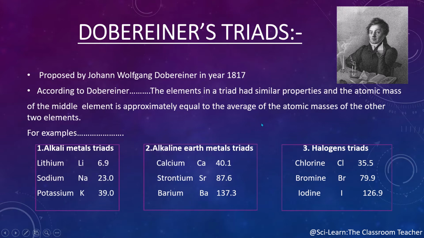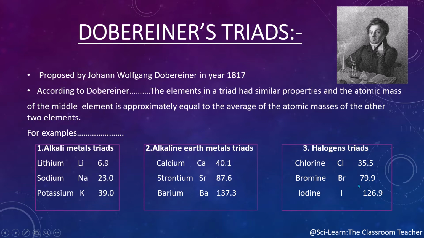What about the second point? According to Dobereiner, we must add the atomic masses of the first and the last element of the Triad and divide by 2. You get the atomic mass of the middle element. Similarly here, add 40.1 and 137.3 divided by 2, you get the mass of strontium. Add 35.5 and 126.9 divided by 2, you get the mass 79.9.